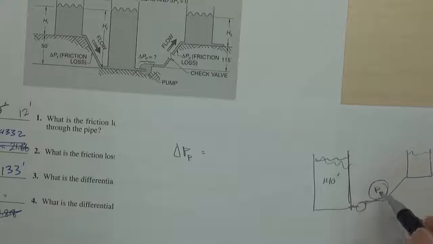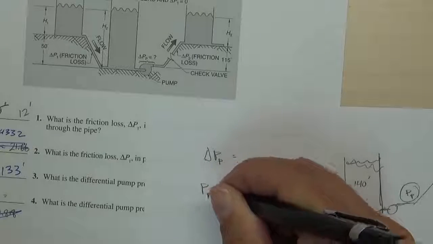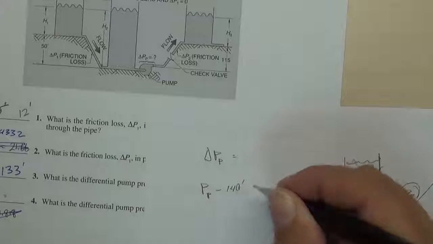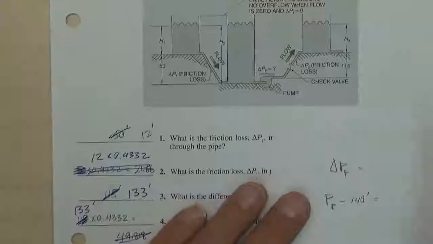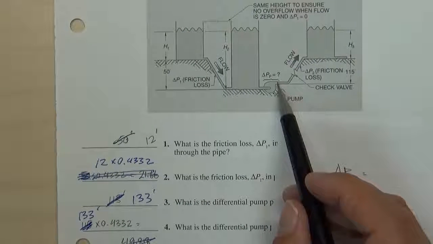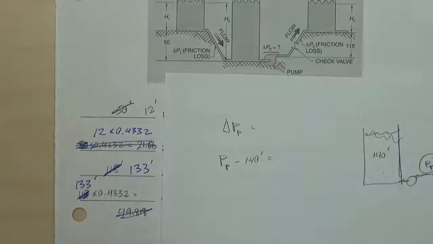And delta P is just going to be P sub P minus 140 from this first tank. We need to find the pressure right there, right at that pump outlet. That's what we're really after. What is that pressure right there? Well, we can just add them up.